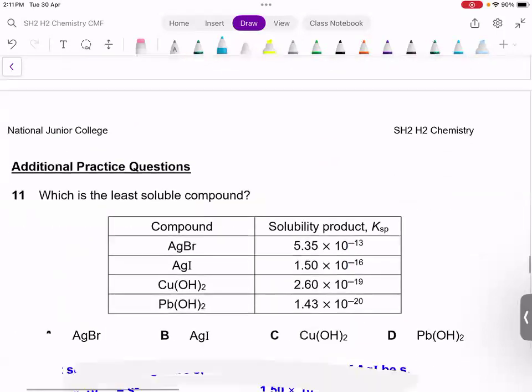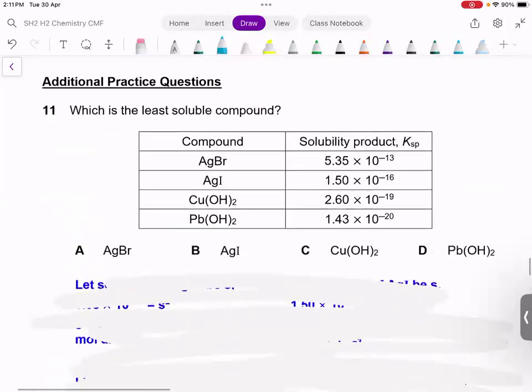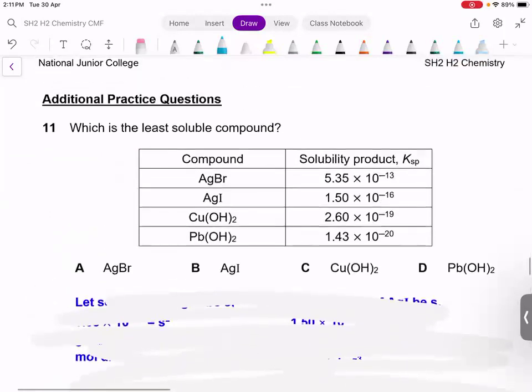Okay, so additional practice. I didn't ask you to do question 11, but it should be fine, right? Question 11. So what is the calculation approach here? For MCQ 11, do you need to do any calculation? To deduce which one is the least soluble, do you need to do any calculation?